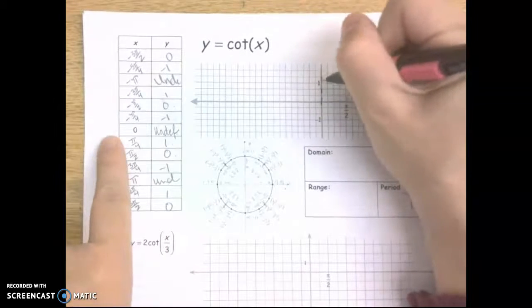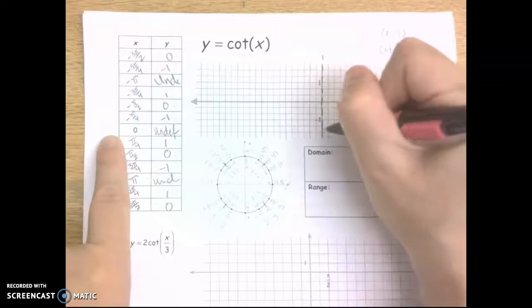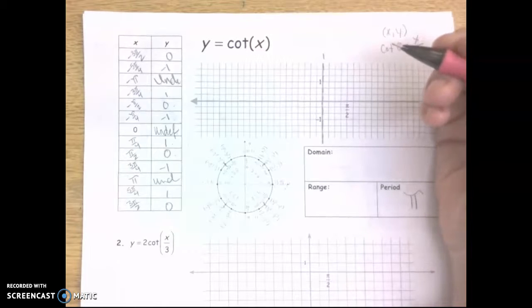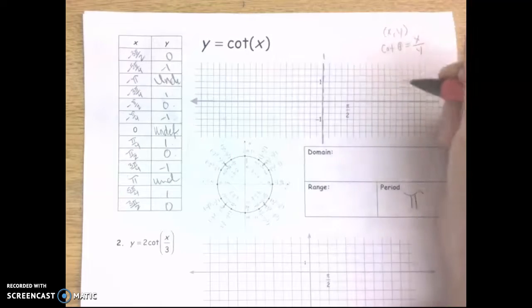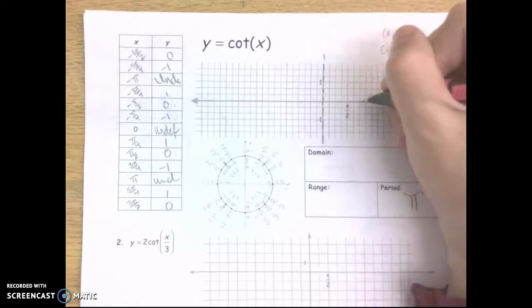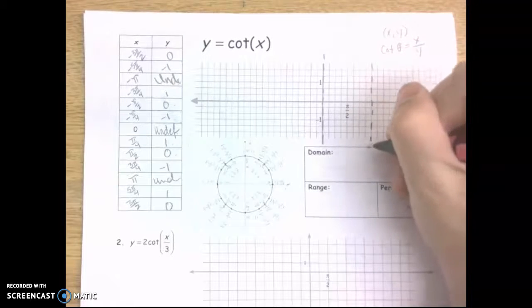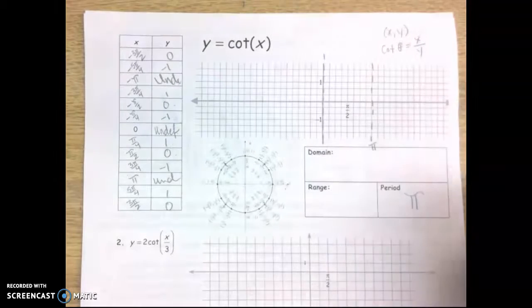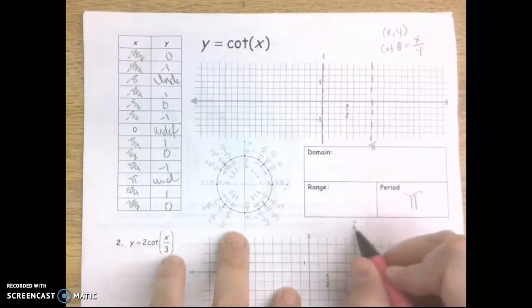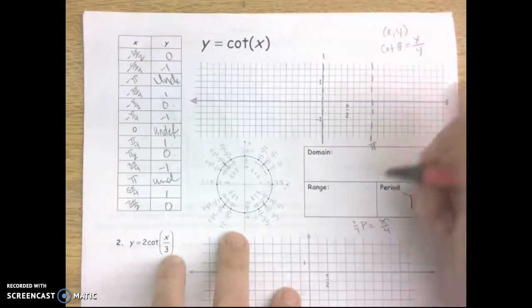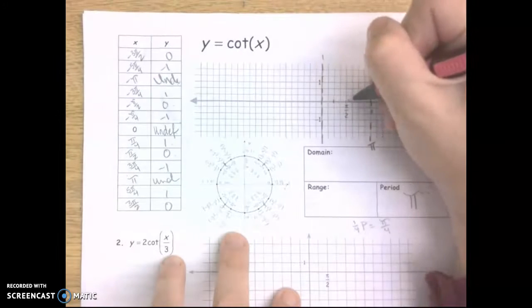Cotangent is a little bit different in the fact that it backs up to the y-axis, where tangent is centered on the y-axis. My period is still pi, so I can go ahead and put those asymptotes there. And if I want my quarter periods, it's pi over 4. So every pi over 4 is going to be a critical point.